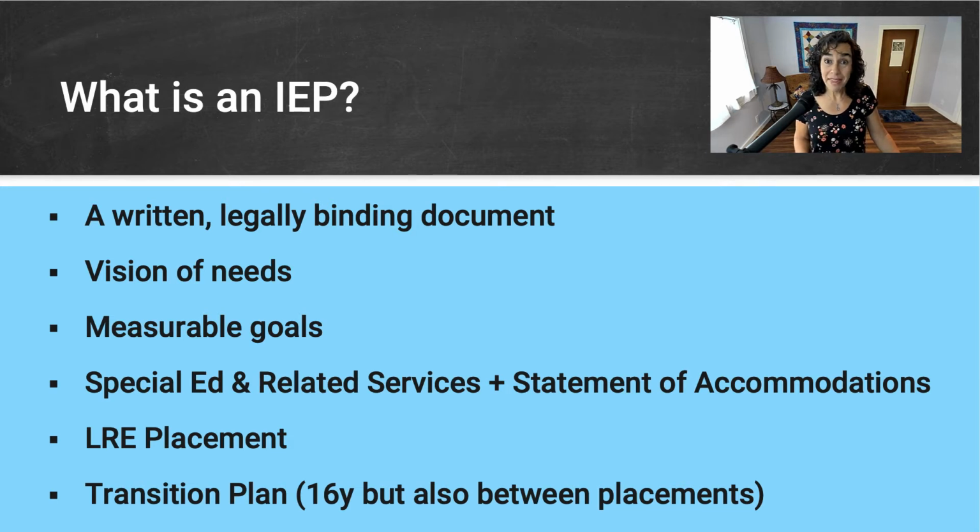All right, and then finally, there's a transition plan, and we'll talk about that in a minute, but starting at 16 years old. So remember, for the purposes of public education, we can see kids up until their 22nd birthday. We're going to start 5 years early with thinking about transition, right? So we start around 16.